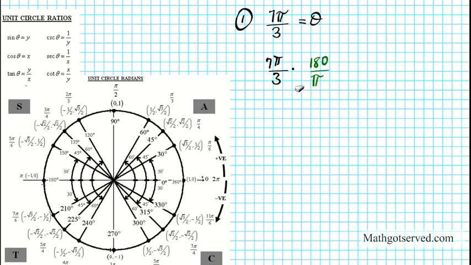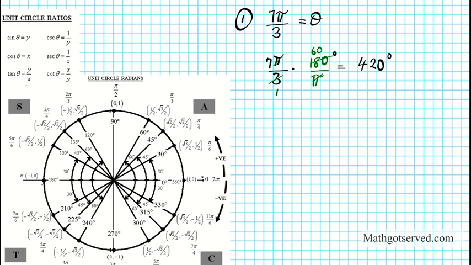Okay? Alright, so 3 goes into itself once, 3 goes into 180 60 times, and you notice that these pi's cancel out. And then when you multiply across, you end up with 420 degrees, okay?